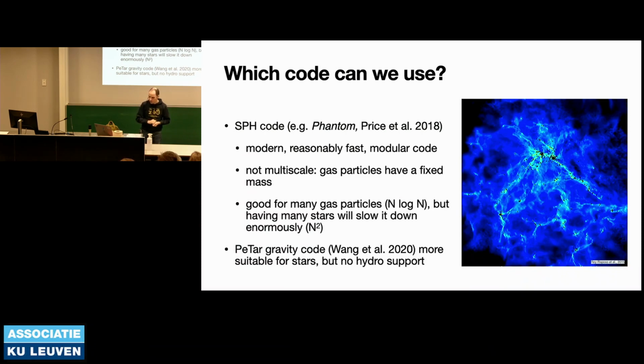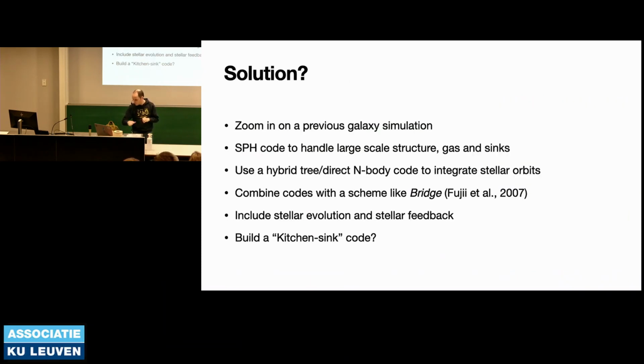So for the gravity of the stars we use a different code, PTAR from Longwang 2020, which is a great code because it does direct n-body gravity for stars that are nearby, but reverts to a tree code if they're far away. So it's much faster than a normal n² code. But it does not do hydro, so that's what we use Phantom for.